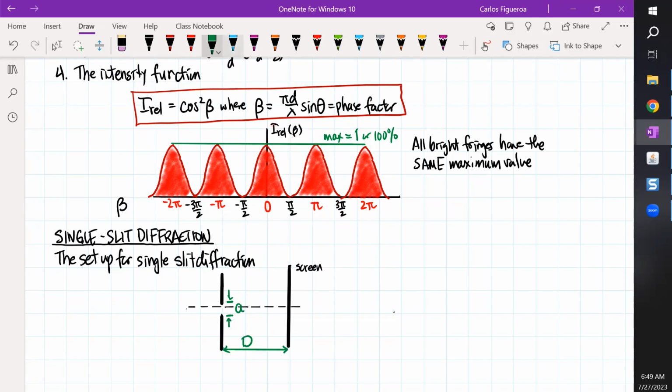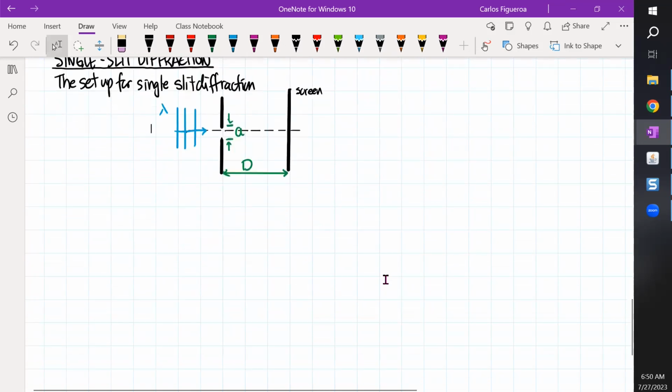Now, if I have waves coming in, I'm seeing a series of waves coming towards the slit. As they move in this direction, this light has a certain wavelength. As the light interacts with the slit, as we saw with the applet, it produces a diffraction pattern. Before I get to the diffraction pattern, let's look at some features very similar to interference.